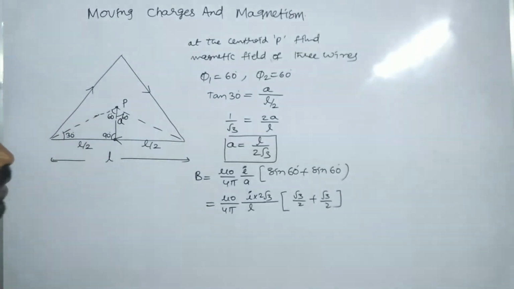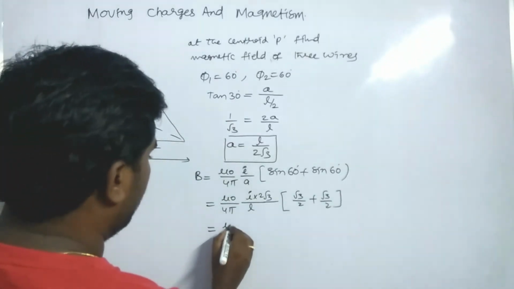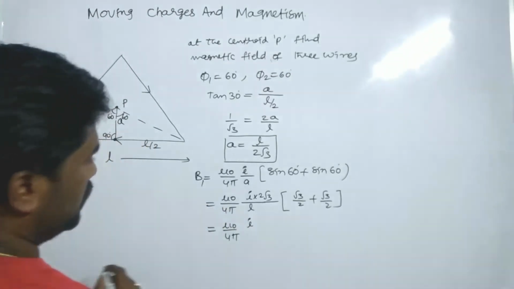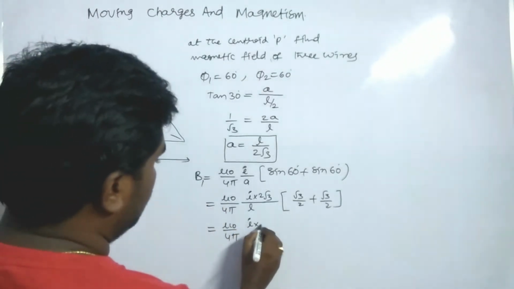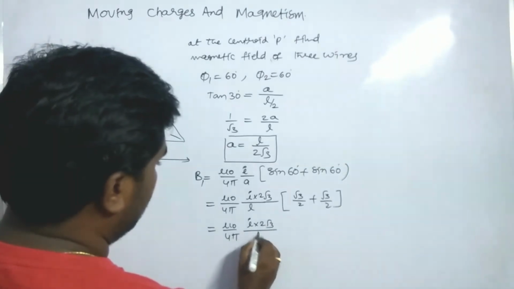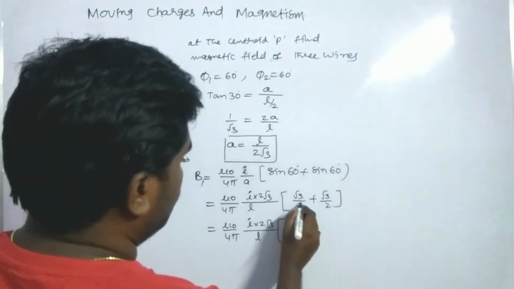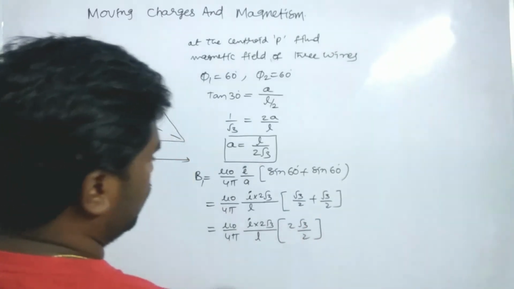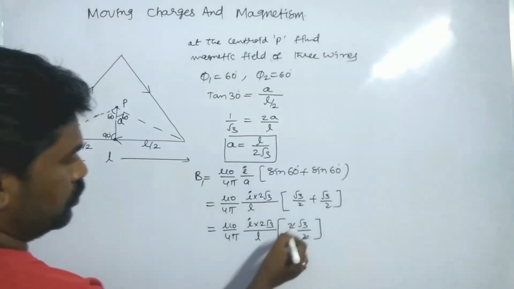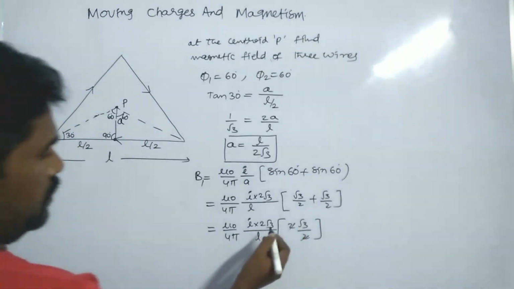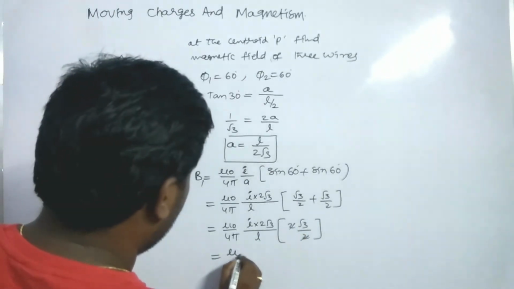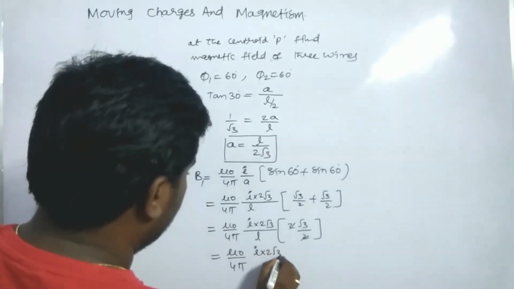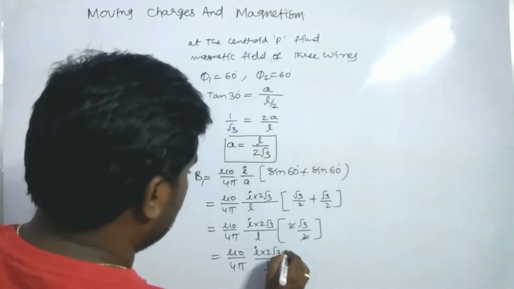This 2 will be cancelled out, and then you get mu naught by 4 pi, I into 2 root 3 by L, into root 3 by 2 plus root 3 by 2.